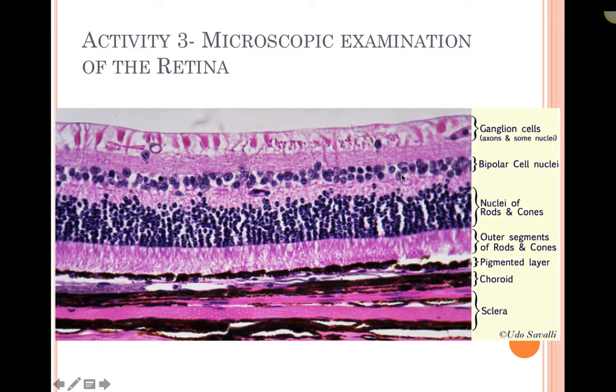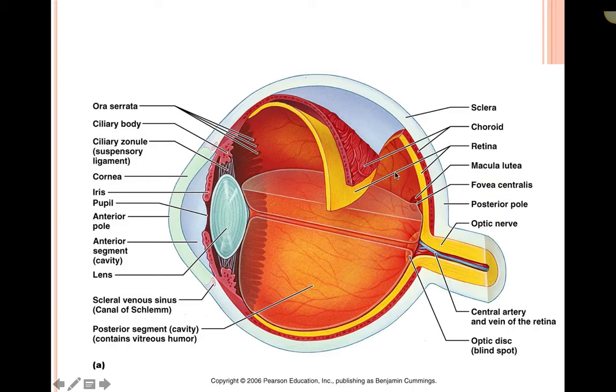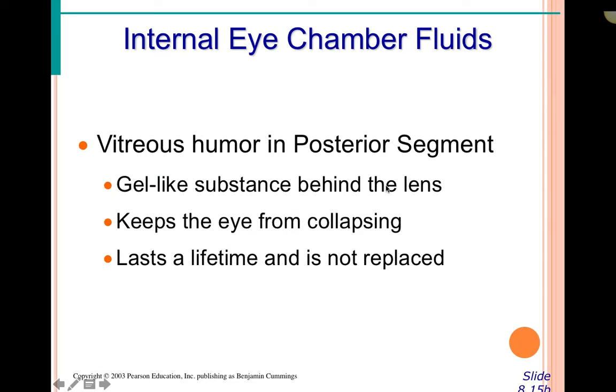This is the nuclei of the bipolar cells, which are between the rods and cones and the ganglion cells. So these are the ganglion cells, and there are some nuclei, but then the rest of them are axons.